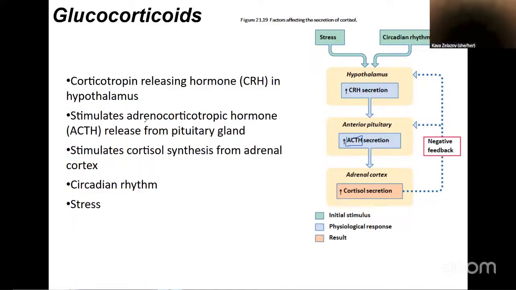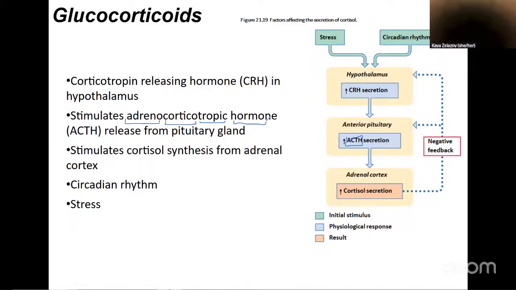So we had to come up with another name, but we can see that we are still just talking about what happens at the end of the pathway. Right. So here we're making cortisol from the adrenocortex. So adrenocorticotropic, this is again a tropic hormone. That's how we get our name. Mouthful, so we usually say ACTH here.